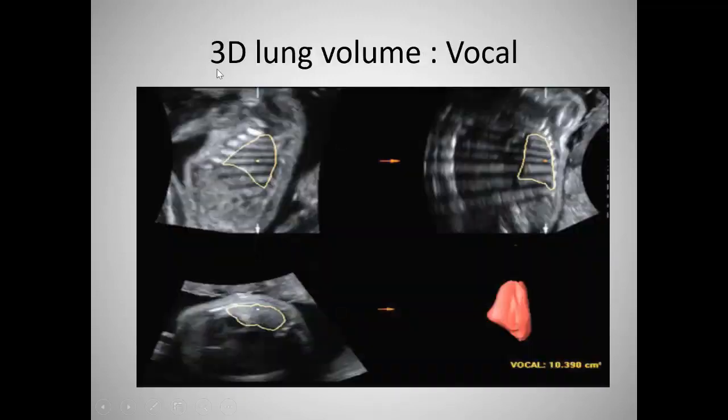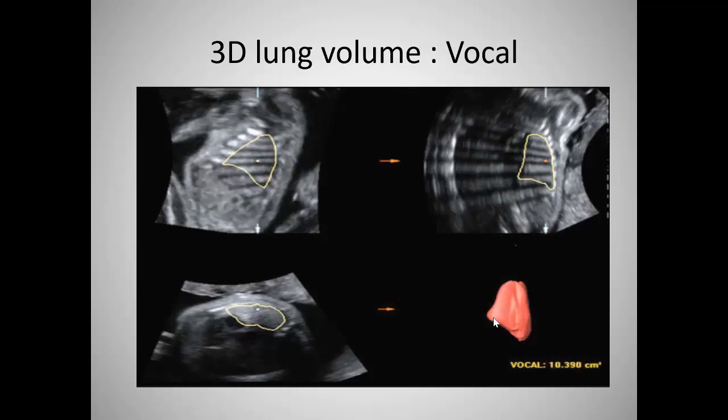Then to the more advanced and sophisticated examination by 3D. By 3D, when the machine contains the VOCAL software, we can detect on multiple slices using the 3D, and we can calculate the lung volume, and this is very important.